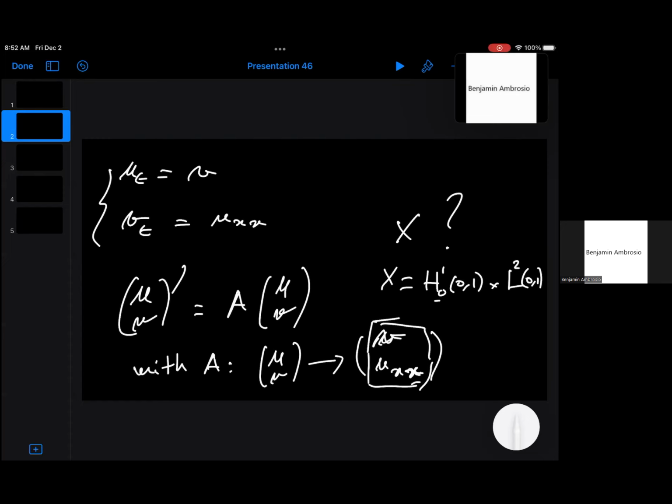Okay, but now I want this one to be well defined. So I want the second derivative with respect to x to belong to L2, which means I need H2. The derivatives are taken, of course, in the sense of distributions.